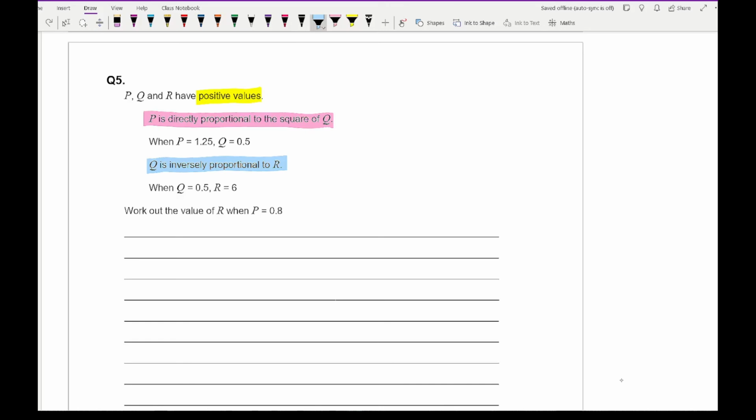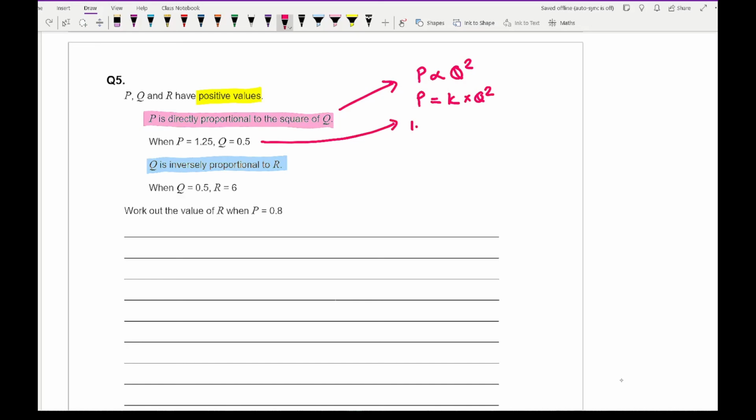First of all, let's translate this bit of information here. We know that P is directly proportional to Q squared, and what you want to do is find the formula for each of these. So here we've got P equals k times Q squared, and then we need to find the value of k, so I substitute those numbers in.